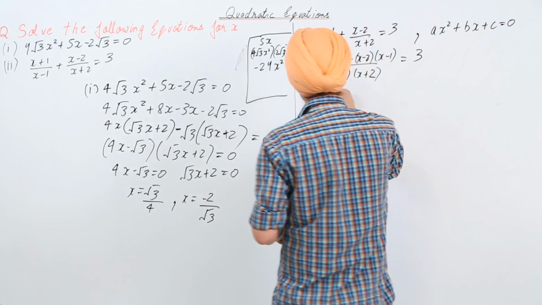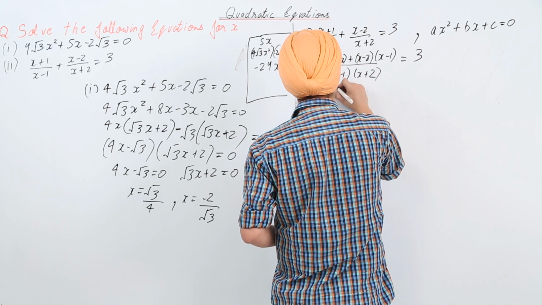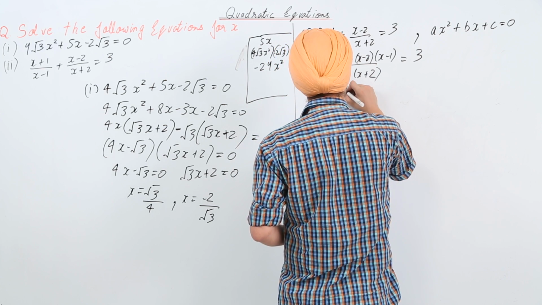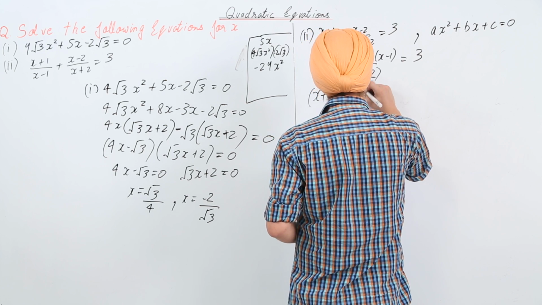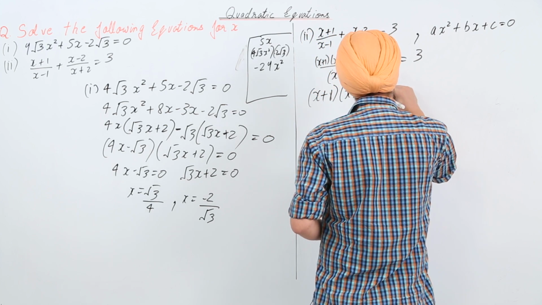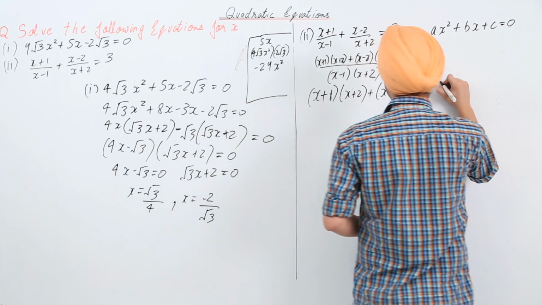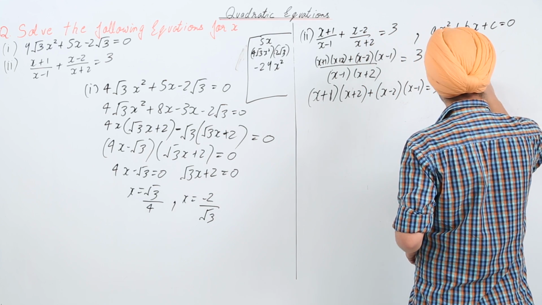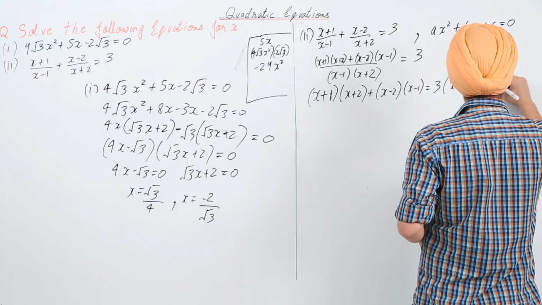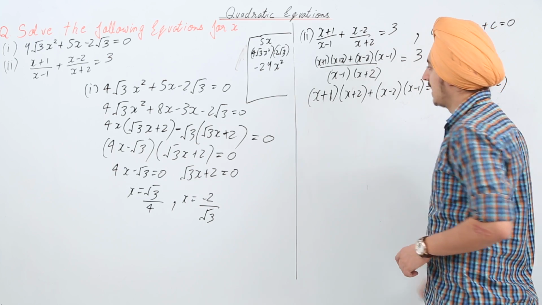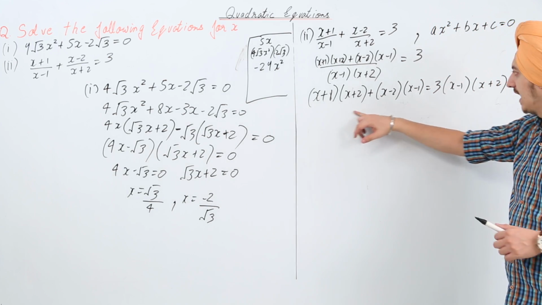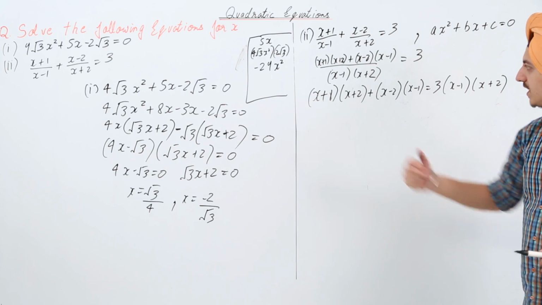So we have (x + 1)(x + 2) + (x - 2)(x - 1) = 3(x - 1)(x + 2). Now we have to multiply and simplify this equation.